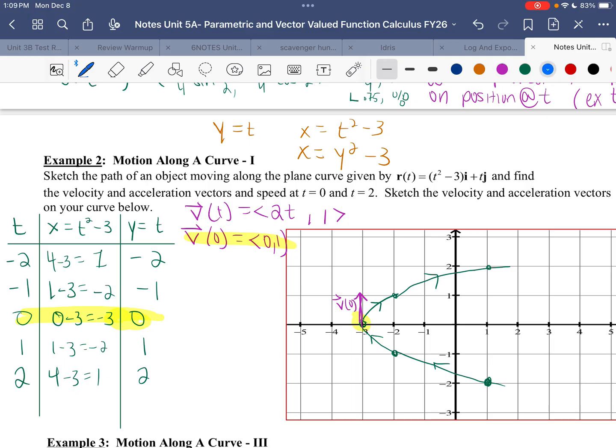Okay, and then we want to find v at 2. 2 times 2 is 4, 1. Going to the right 4, 1, 2, 3, 4, up 1.